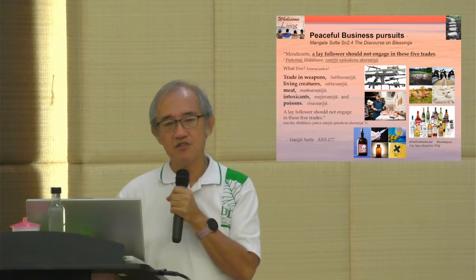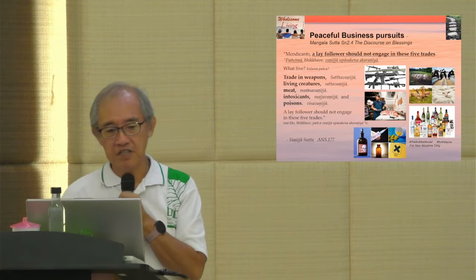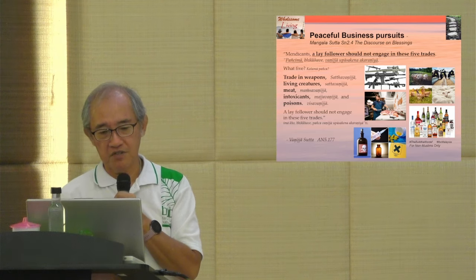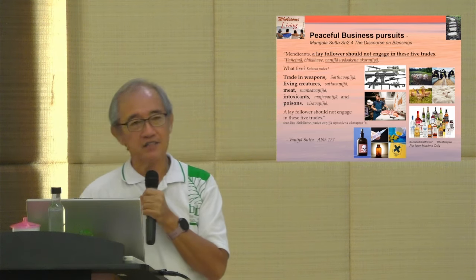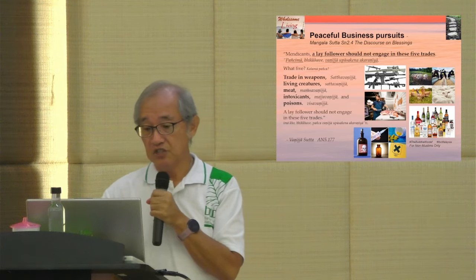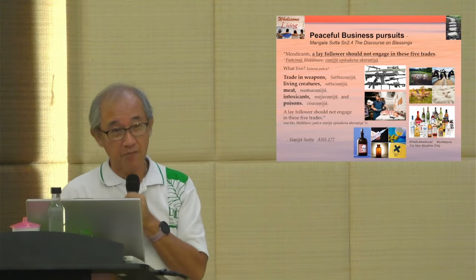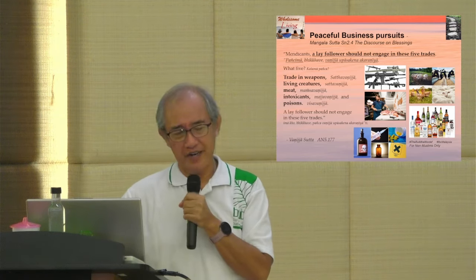What 5? Trade in weapons, in living creatures, in meat, intoxicants, and poisons. So the Buddha advises that, so that you can practice the 5 precepts more diligently, so that you don't hurt other living beings. Notice the 5 precepts are talking about hurting other people. You want to avoid that.